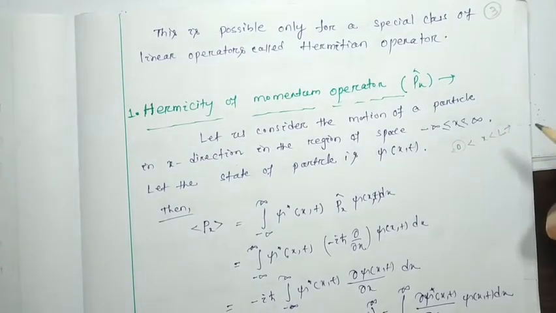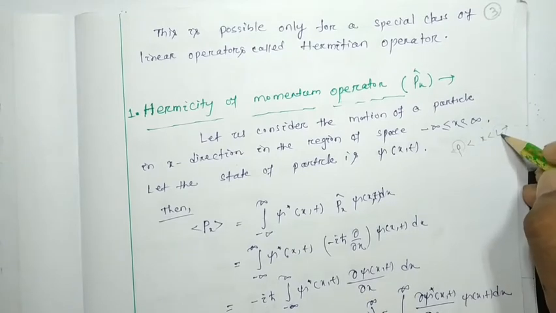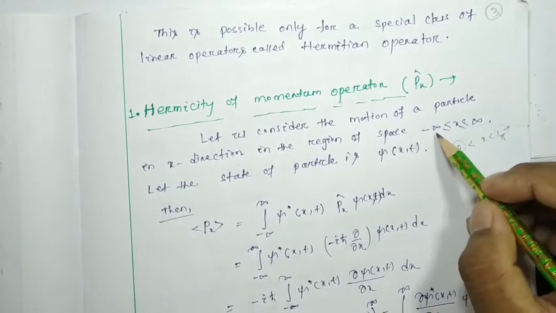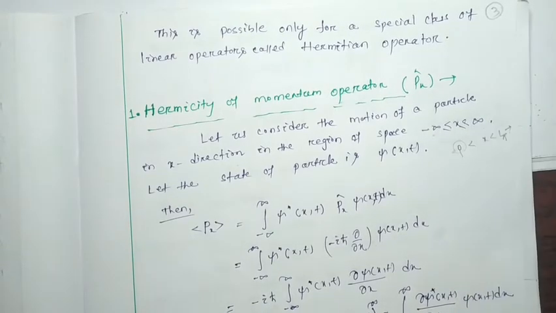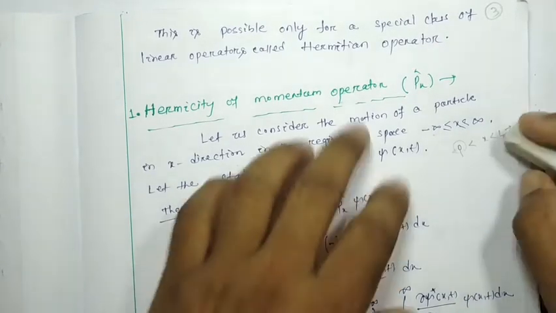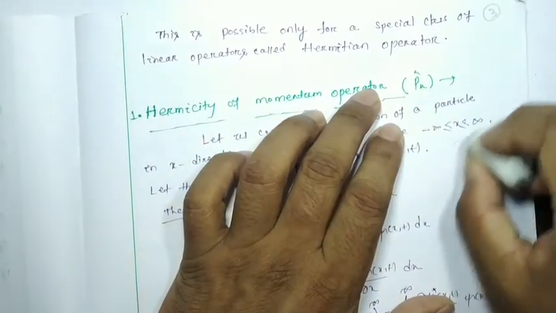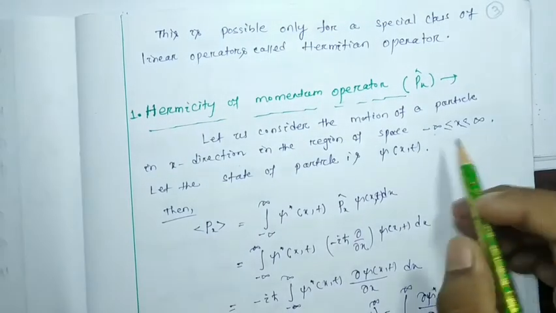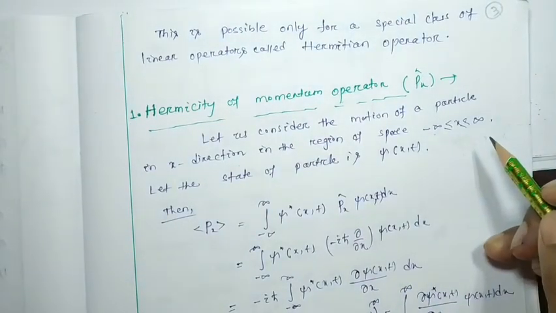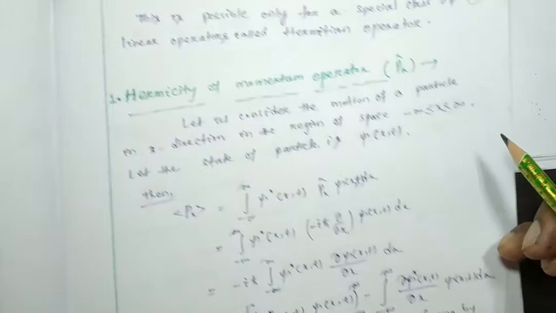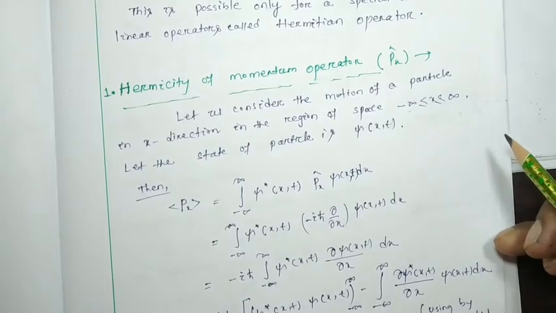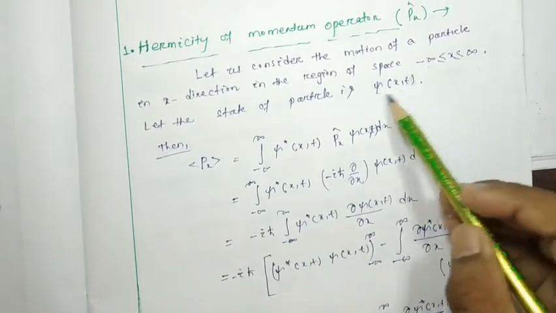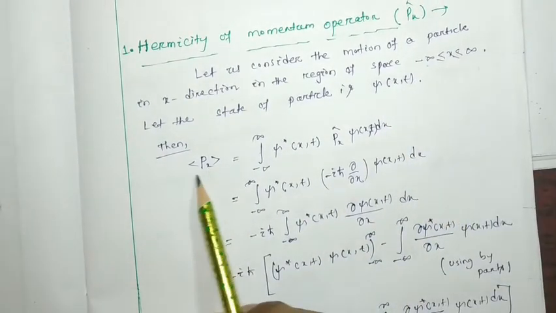Or you can say that at minus infinity and plus infinity the existence of the particle is 0. That is nothing but the boundary condition, which we also discussed when we studied Ehrenfest's theorem.